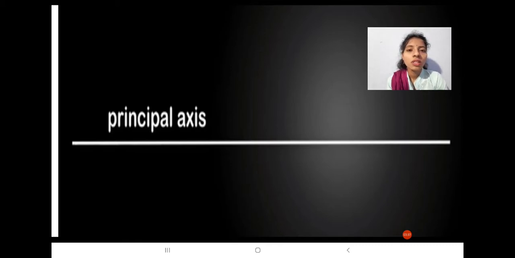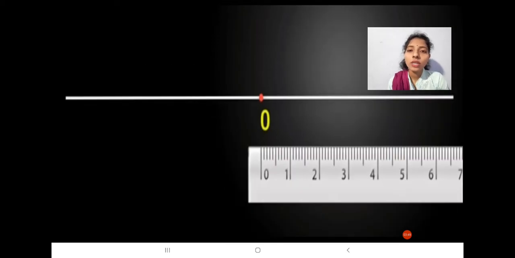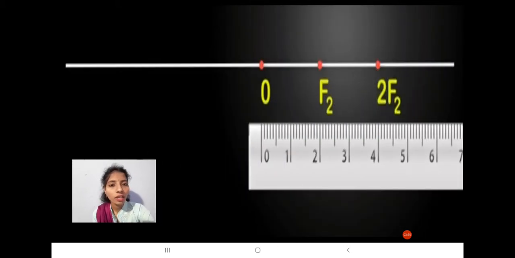First of all, we need to draw the principal axis. On the principal axis, mark a point O at its center. Now take a ruler and mark the points F2 and 2F2 from point O. From point O to F2 and from F2 to 2F2, the distance must be equal.